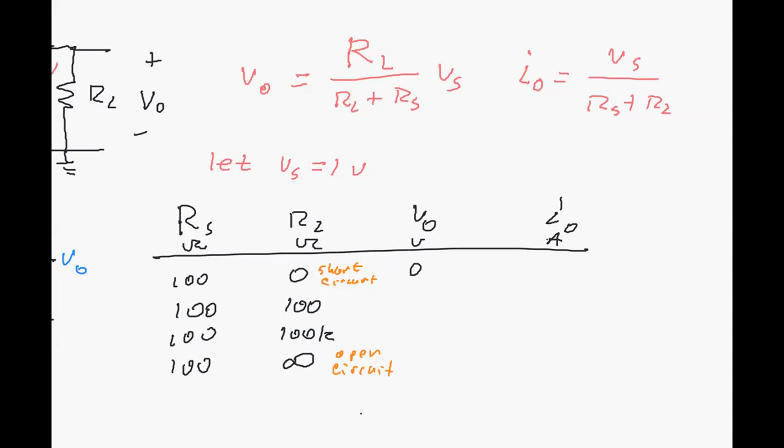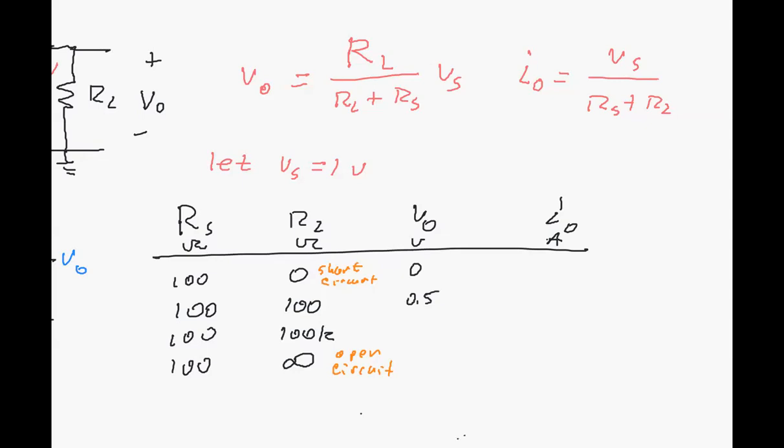And if we look at this case, they're both the same, 100 ohms each. We'll get 0.5 because 100 over 100 plus 100, so that's 100 over 200, or 1/2 times the value of Vs, which was 1.